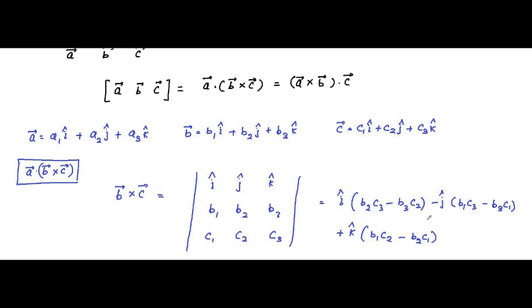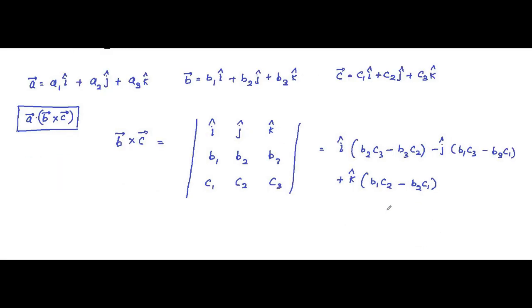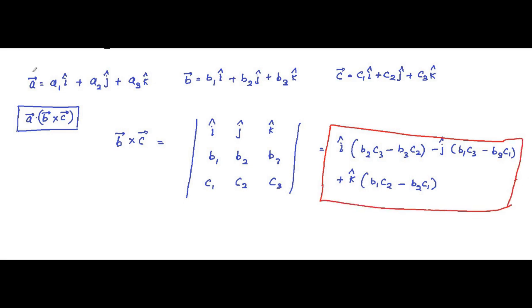Okay, this is B vector cross C vector. Now we have A vector equals to this much, and this is A vector.